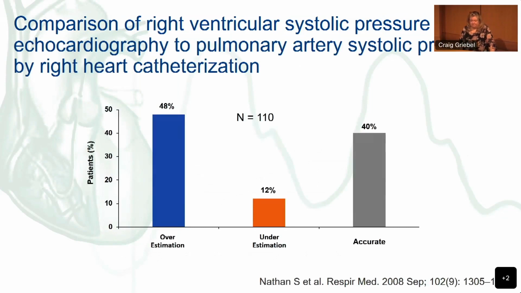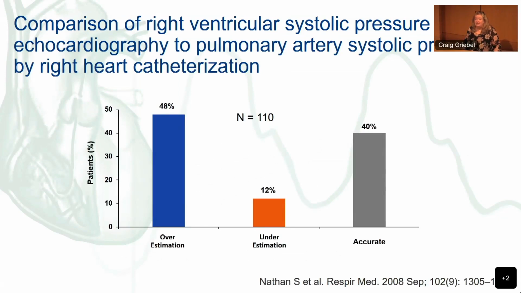Here is, there was a transplant study that included COPD and IPF from University of Pennsylvania, I believe, that kind of showed the same story. This is just in patients with interstitial lung disease, which show that the echo over and under represents pulmonary hypertension, and its accuracy is like less than a coin toss.